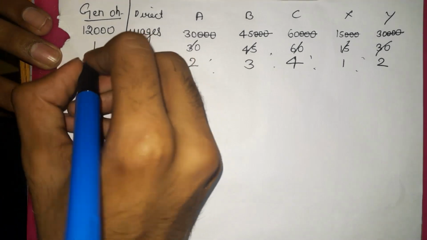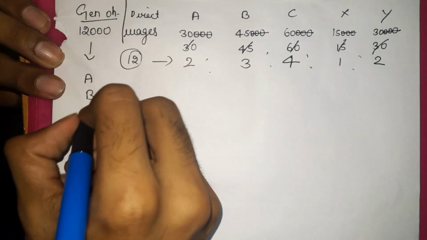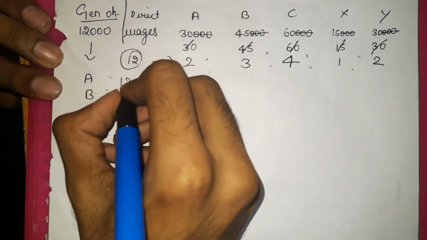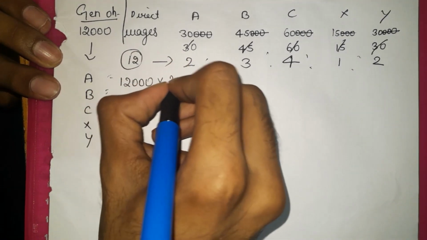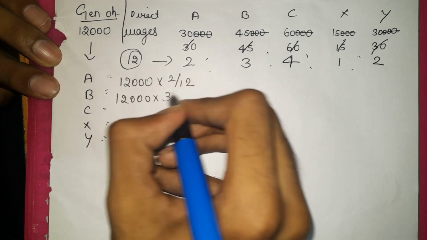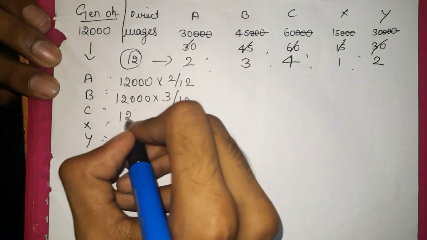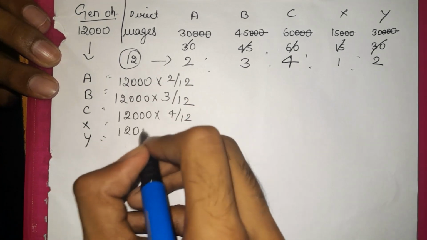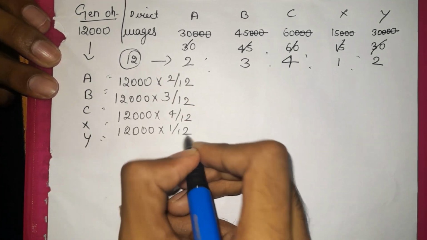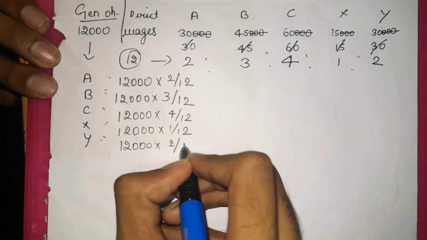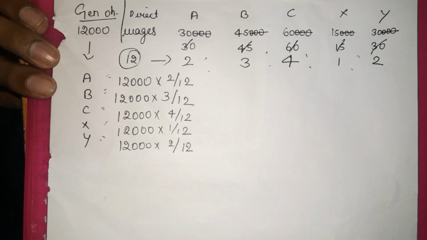Now we need to divide this among A, B, C, X and Y departments. A department will be 12,000 into 2 by 12. B department will be 12,000 into 3 by 12. C department will be 12,000 into 4 by 12. X department will be 12,000 into 1 by 12. Y will be 12,000 into 2 by 12.